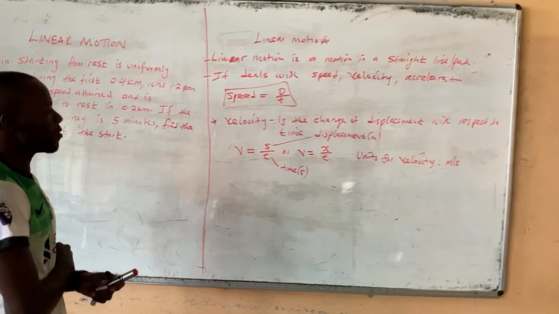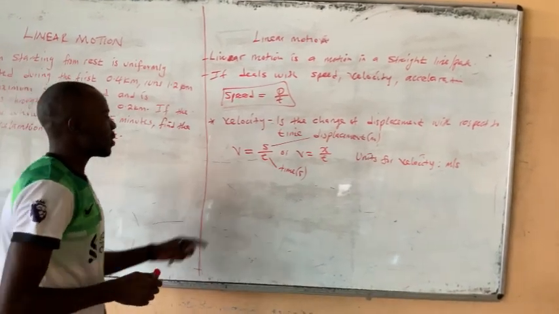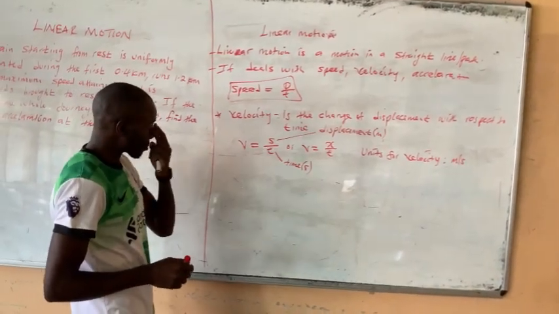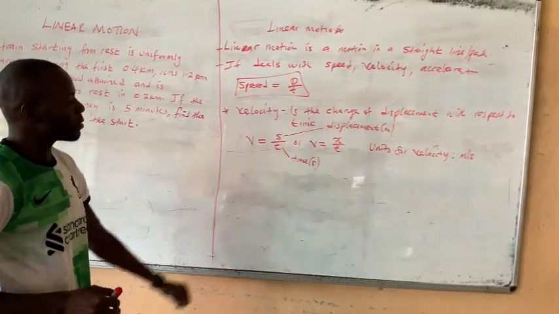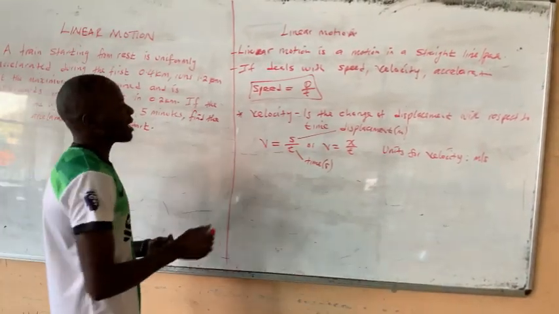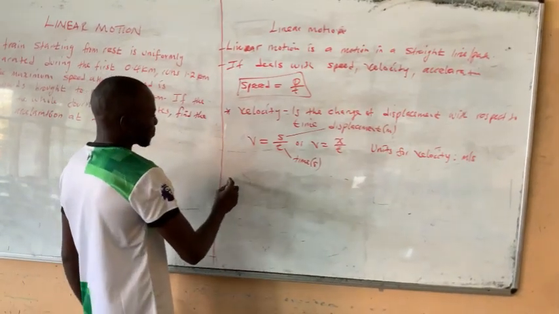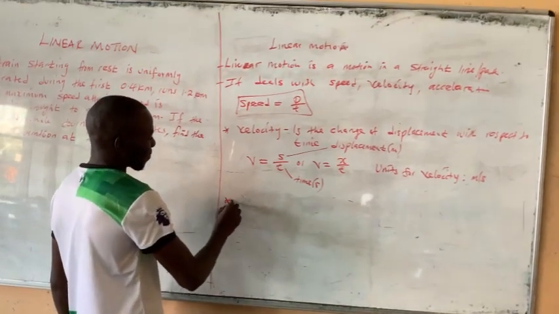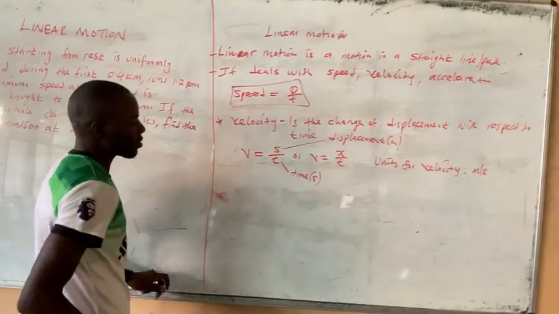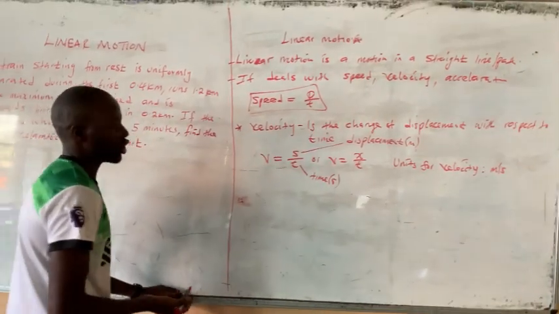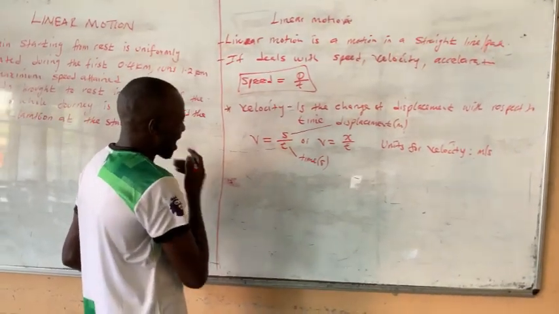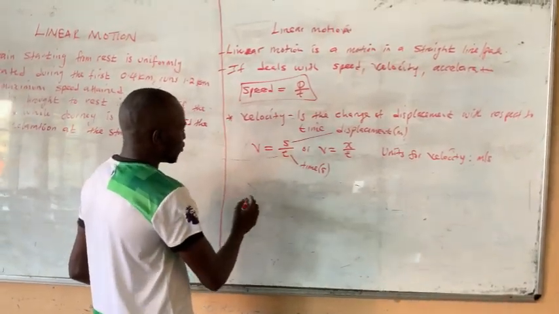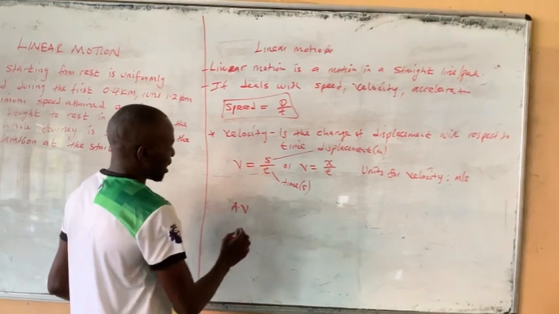Since we know the formula for velocity, which is just the change of displacement with respect to time, let's look at average velocity before we move to the next one. How do you find the average velocity?